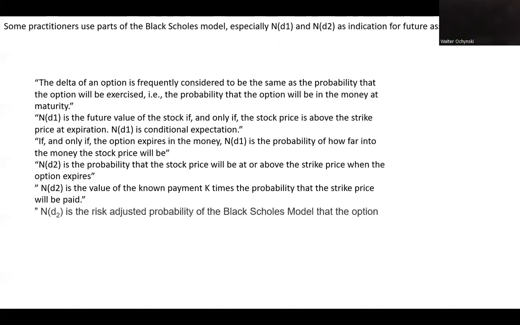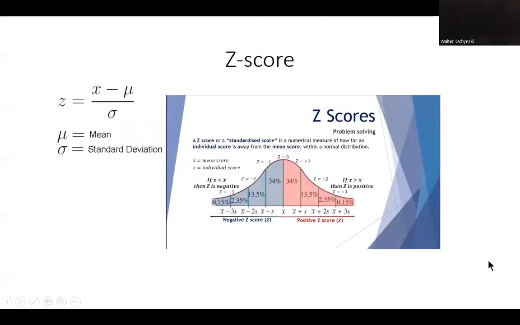So let's start with a brief explanation of the z-score. Normal distribution, as shown here on this graphic, is a probability distribution that is symmetric about the mean, showing the data near the mean are more frequent in occurrence than data far from the mean.